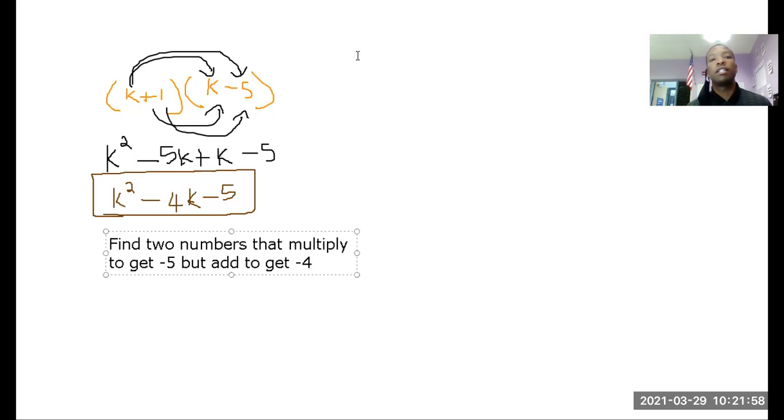So we look at this part first, realize whatever number is at this portion right here, we need two numbers that multiply to get that. And those two same numbers have to add up to get negative 4.